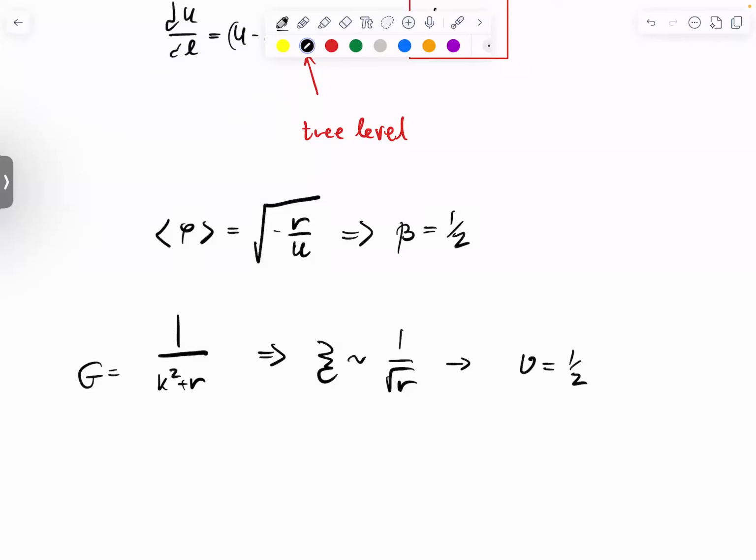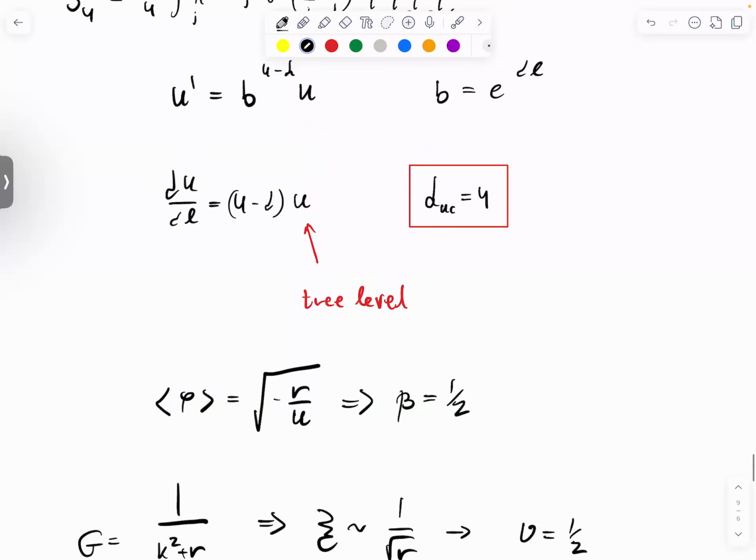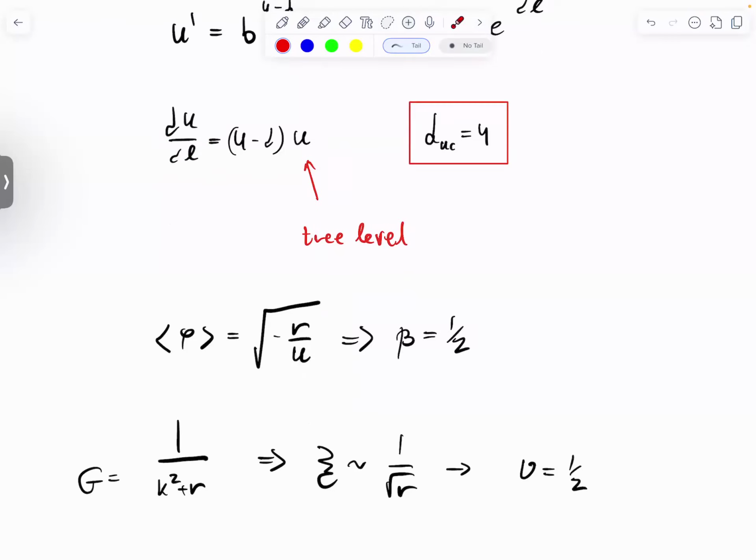Okay, these are all exponents of the mean field theory, and they're basically accurate. They become accurate when the interaction term is irrelevant and the entire vicinity of the critical point is controlled just by this r.